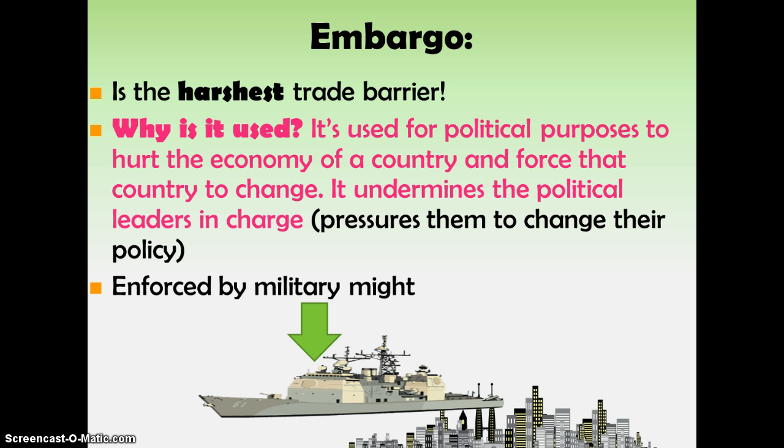And when people start losing money and businesses start losing money, it forces the government to make a change. And what happened in South Africa is that policy was changed, and minorities of all ethnic groups were given equal rights and status. That's a policy where an embargo put a lot of pressure on South Africa, and it was a success and it worked. That's an example of an embargo.